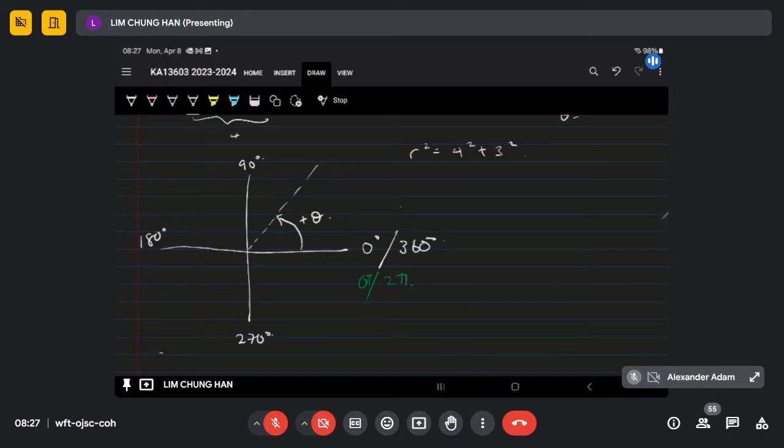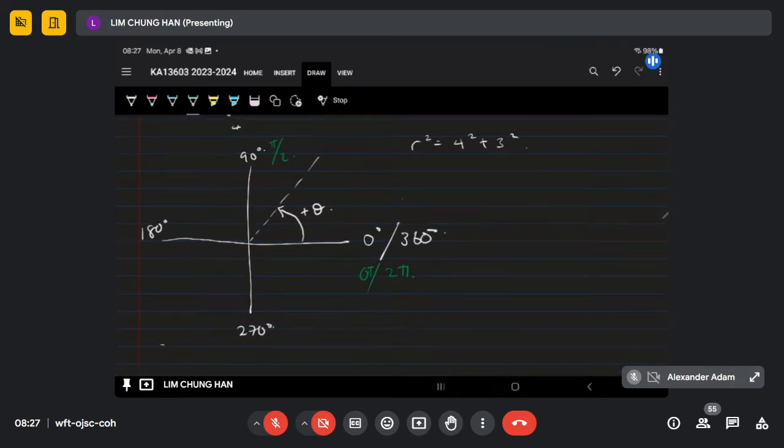You get up to 90 degrees. What is 90 degrees in terms of pi? Pi over 2. Yes, sometimes I will do things in terms of pi.